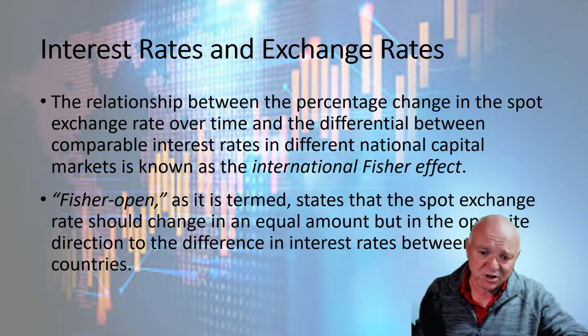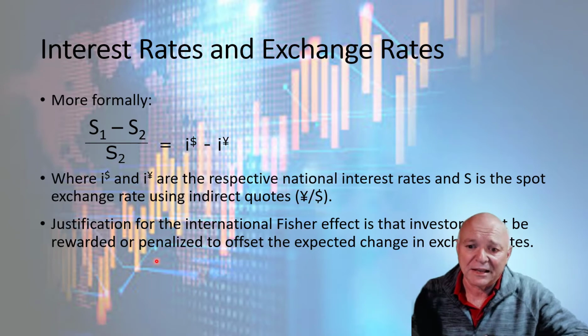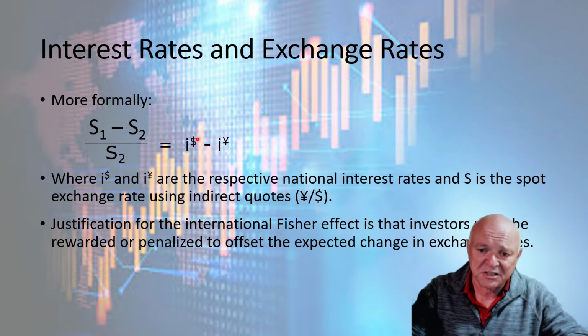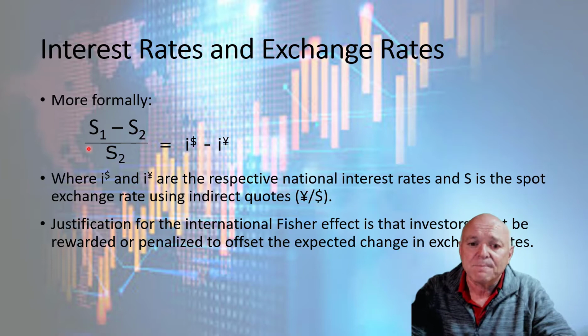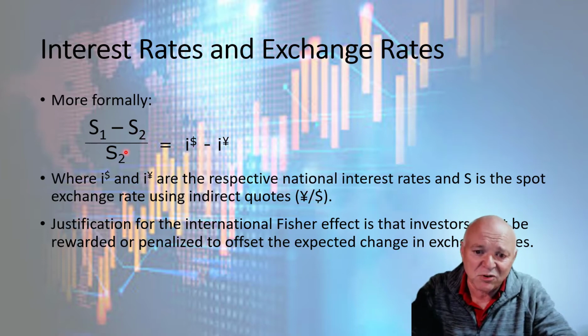So essentially, we start off by looking at the difference. Here, a difference in the nominal interest rate between the US dollar and the yen is going to be equivalent to the change in the spot rate over time between period 1 and period 2.